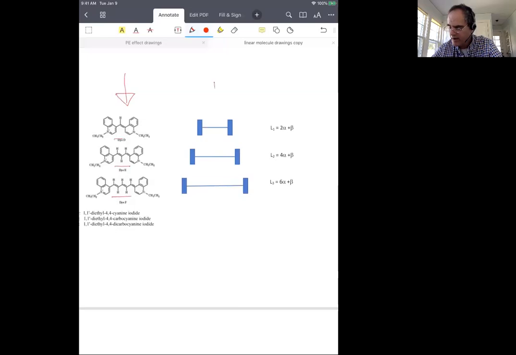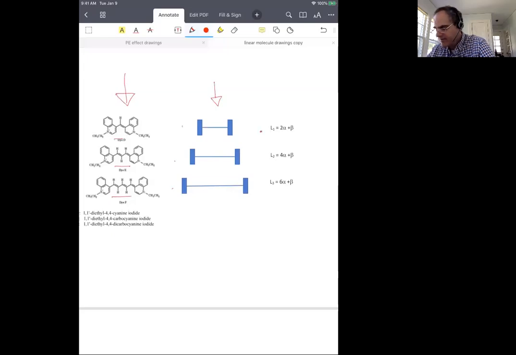So we're going to approximate these linear molecules as boxes for electrons. And the only thing that will be different between them is the length of the box. So the first system, second system, and third system are just one-dimensional boxes of different lengths.